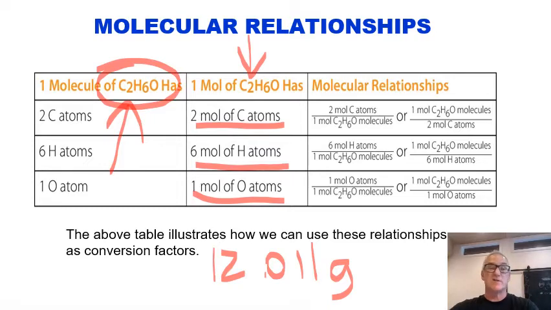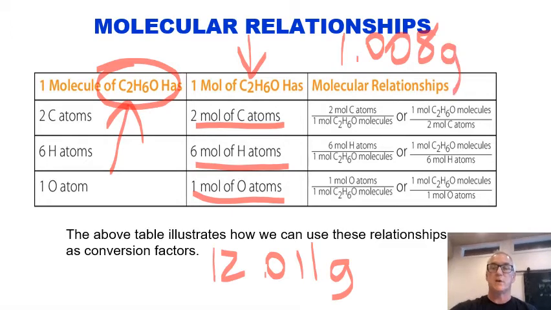But we also know there's a little bit of deuterium and a little bit of tritium. So instead of a mole of hydrogen weighing exactly 1 gram, it has the mass 1.008 grams. So all we need to do is put those masses together, figure out how many moles of these atoms are present, and calculate the molar mass of our molecule.